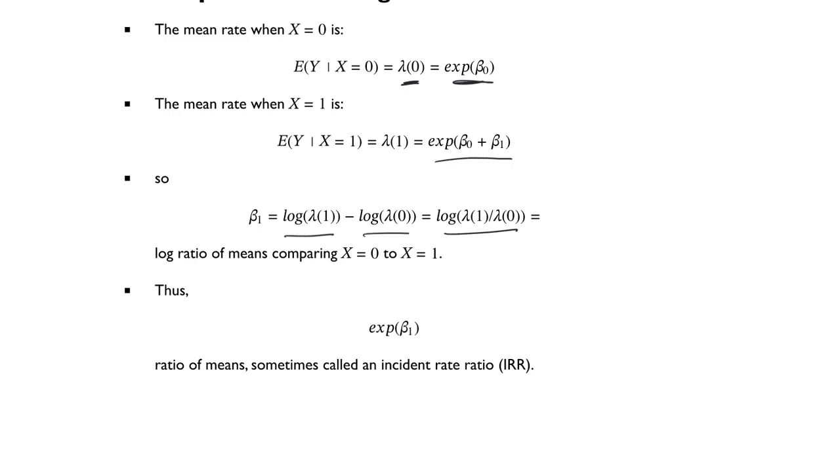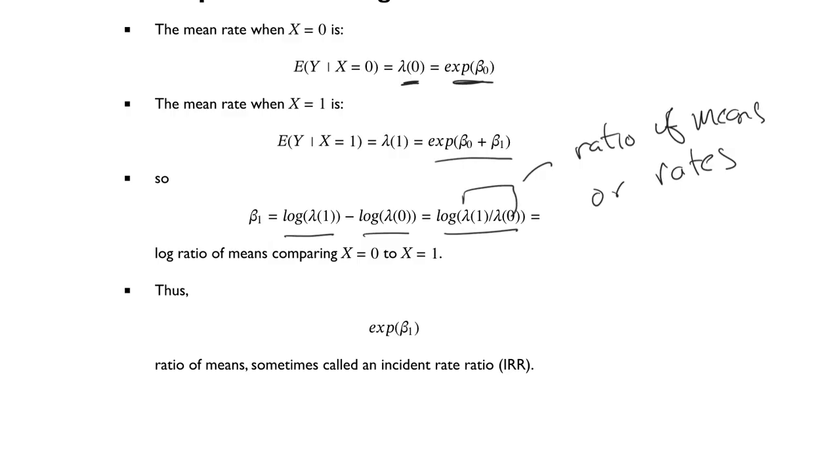Whenever I get a log of something that's interesting, and this is interesting, this is a ratio of means, right? Of means, or sometimes they'll call them rates. That's a rate ratio. It's kind of like a relative risk.